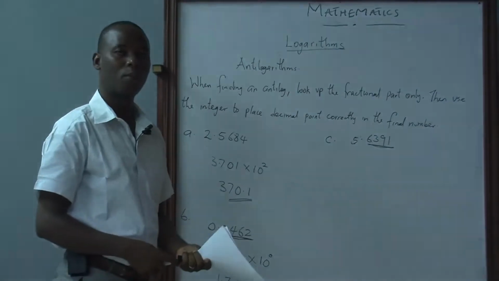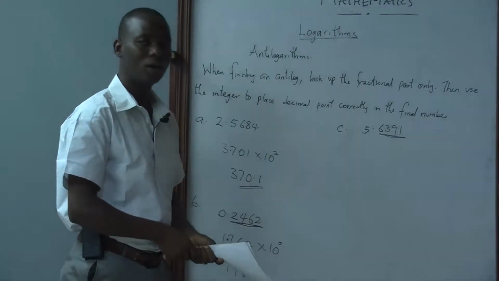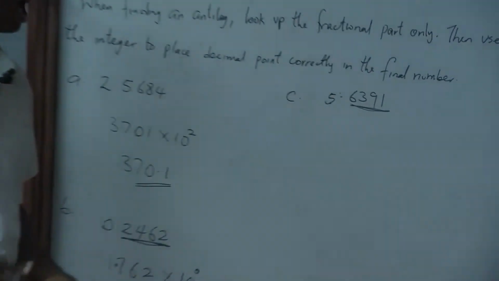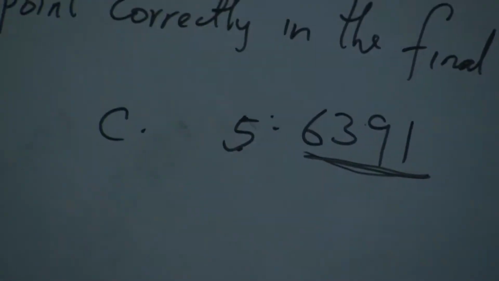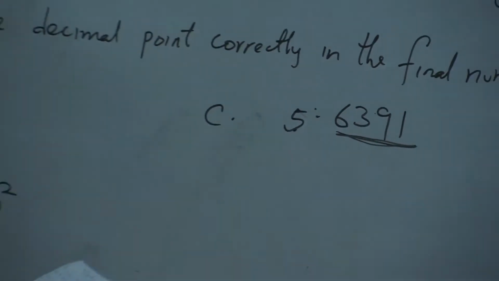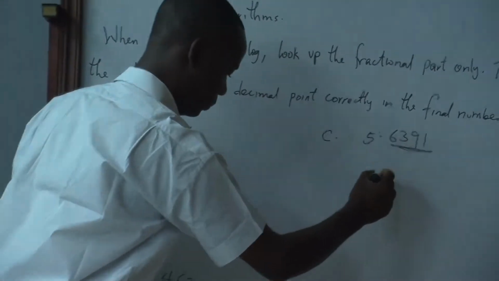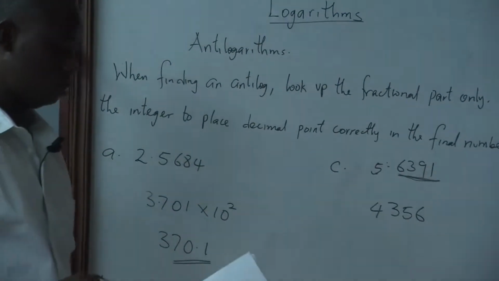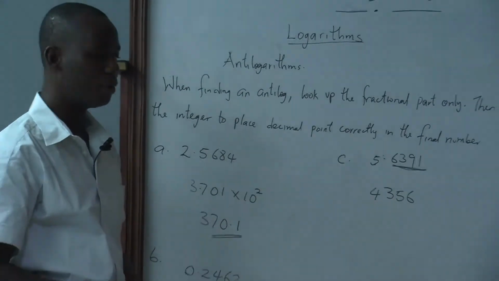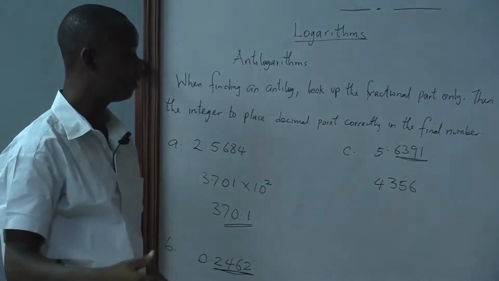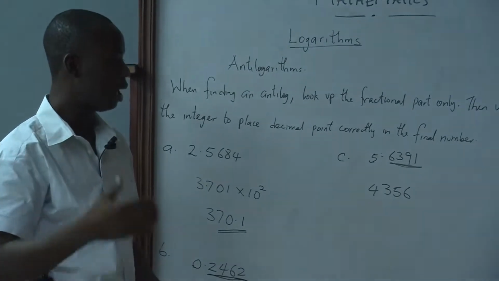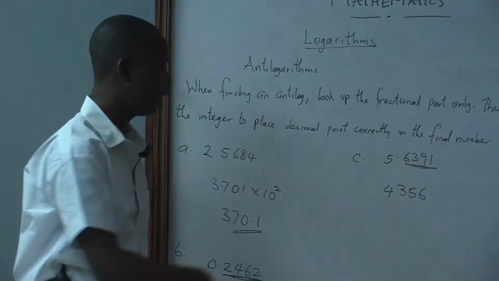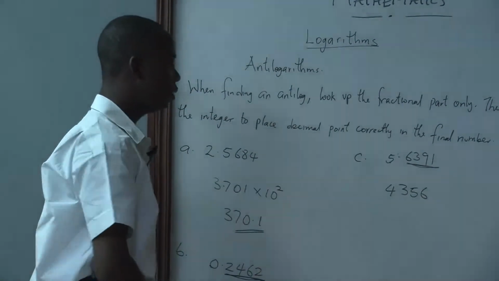We'll look at column 0.63 under row 9, and we add whatever we have under difference 1. And that will give us altogether 4356. That gives us this value. Now, that is just that.